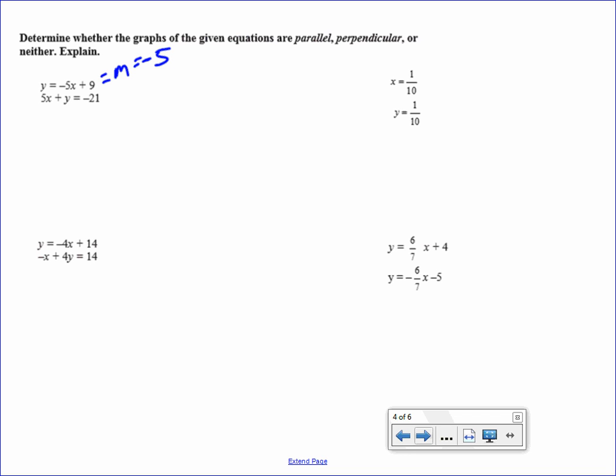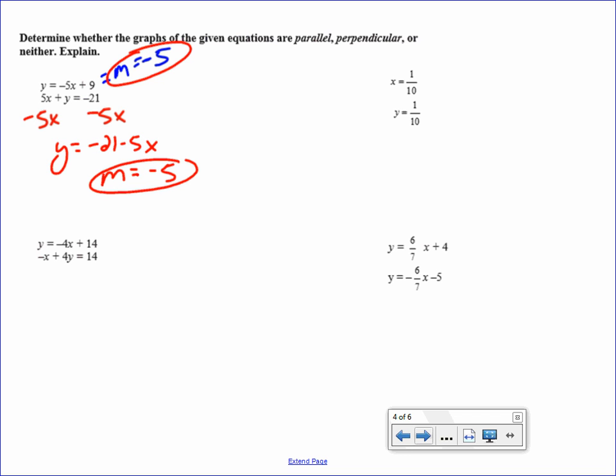The second one, I would have to subtract 5x, and I'd have y equals -21 minus 5x. So my slope of this one is -5. We should have seen in the last couple of slides that if the slopes are the same, these are parallel. And how could you explain it? Well, the explanation would be that they have the same slope.